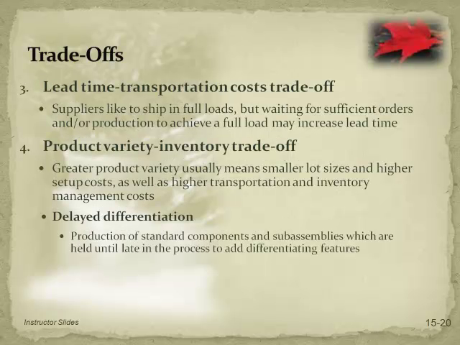We also have trade-offs on lead time and transportation costs, as well as product variety and inventory trade-off. Whenever we have different varieties, different sizes, different colors, that means we have to have a certain amount of inventory for each one of those.